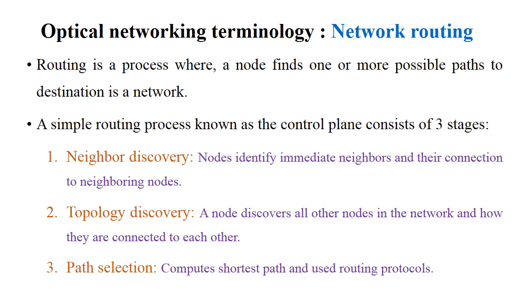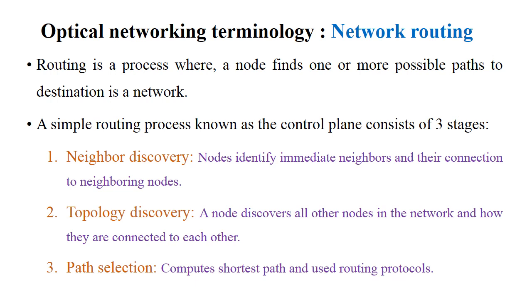Now a simple routing process, known as the control plane, consists of three stages. One is neighborhood discovery: the nodes identify the immediate neighbors and their connection to the neighboring nodes. Second, topology discovery: a node discovers all other nodes in the network and how they are connected to each other.